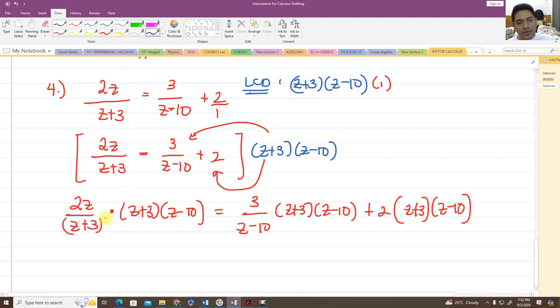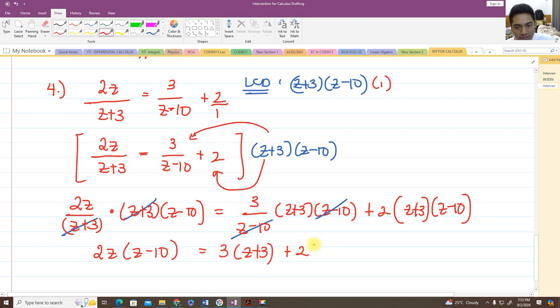We can do the shortcut, but I'm giving you the full solution so that you may know. (z plus 3) cancels. On this side of the equation, (z minus 10) cancels. So you are now left with 2z(z minus 10) equals 3(z plus 3), plus 2 times (z plus 3) and then (z minus 10). Okay?